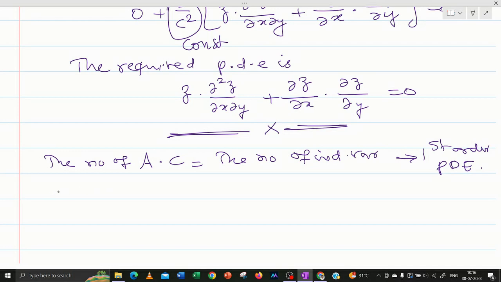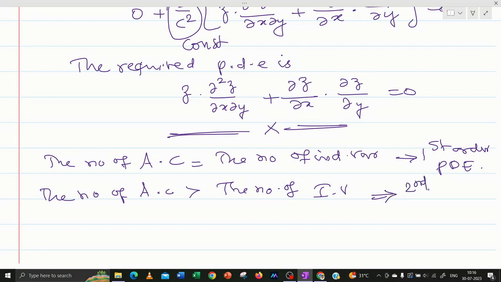In case the number of arbitrary constants is greater than the number of independent variables, then we will get the resulting equation as a second order PDE. These are the things we have observed from this.